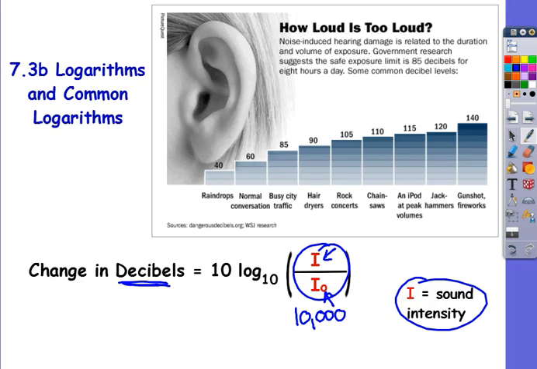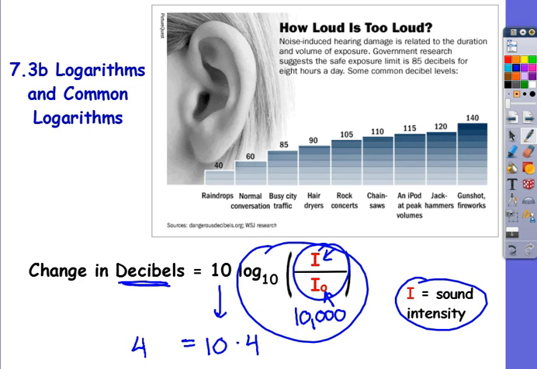Well, if I look at this, what is log base 10 of 10,000? Well, this means 10 to what power is 10,000? That would be 4. So really in my equation, I have this 10 out front. Log base 10 of 10,000 is 4. So a sound that's 10,000 times the sound intensity actually corresponds to a change of 40 decibels.